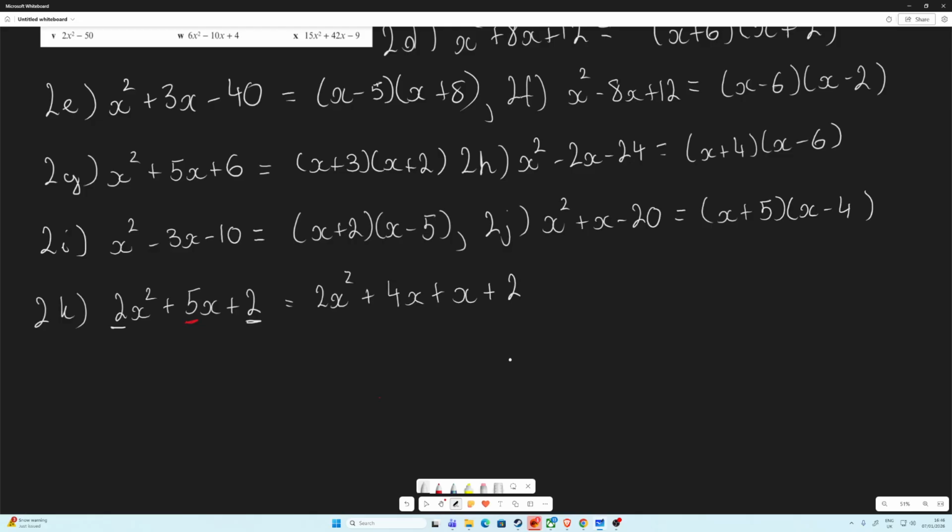What we'll do with this is take a factor of 2x out. That will be x plus 2 plus x plus 2. Because there's 1 multiplied by x plus 2, we'll have 2x plus 1 times x plus 2.